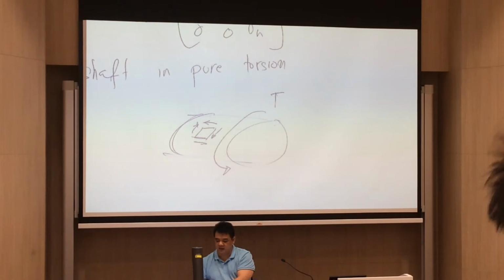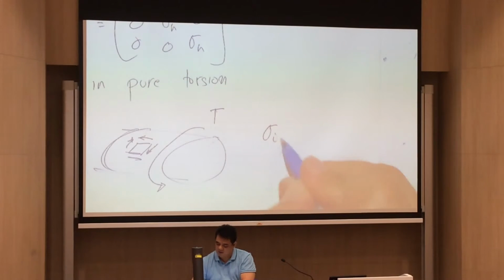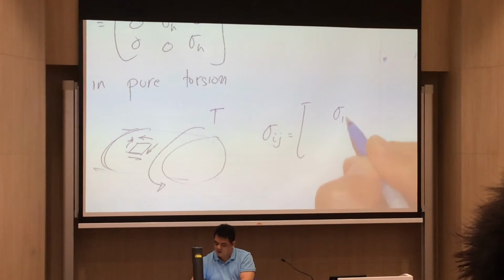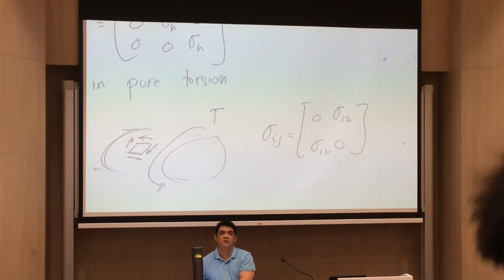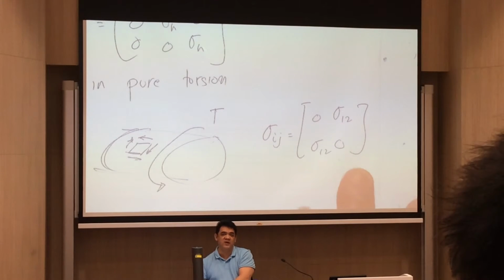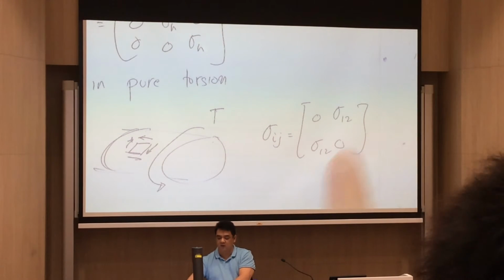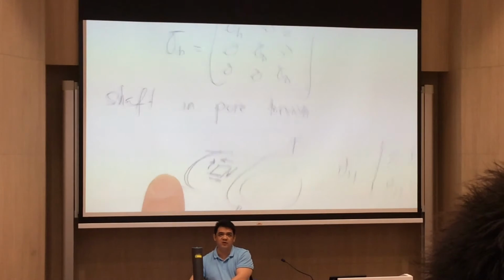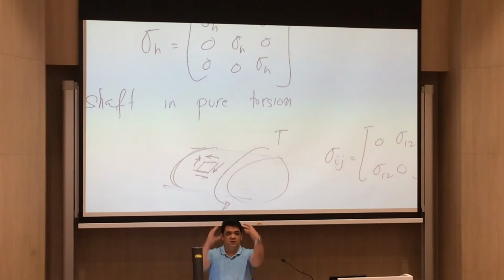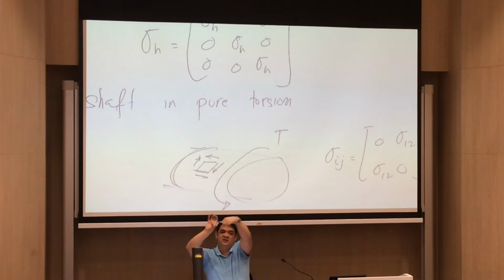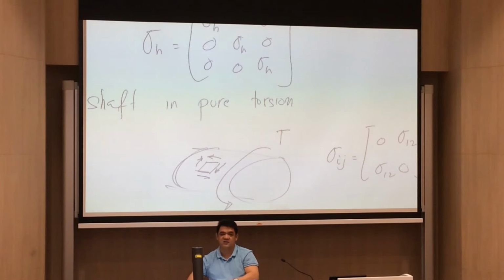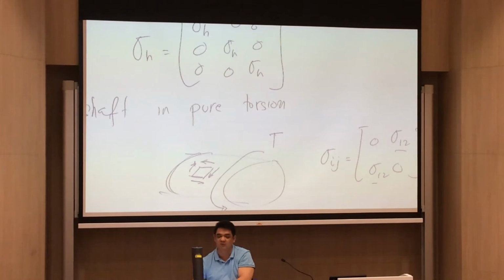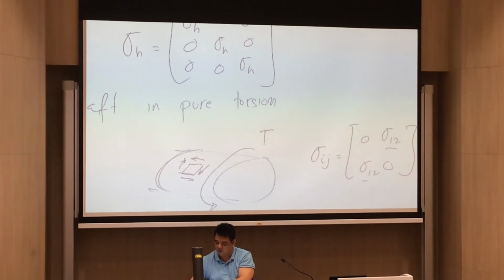If you write this in a 2 by 2 matrix, you have sigma ij: sigma 1, 2, sigma 1, 2, 0, 0. If you write this in a 3 by 3 matrix, all the other stresses are 0, only sigma 1, 2 is present. No sigma 1, 3, because there's no torsion moving the shaft there. Unless there is a torque trying to rotate or twist it, that will be 0. So it's only this part that's going to twist this shaft. So you only have sigma 1, 2, sigma 1, 2. All the other shear stresses are 0.